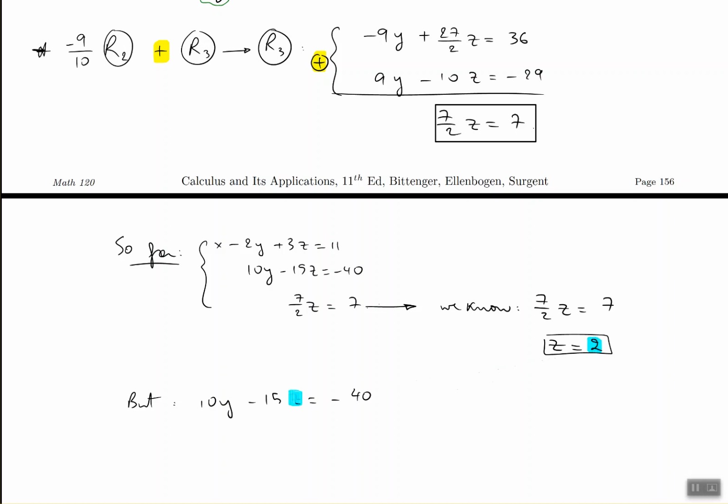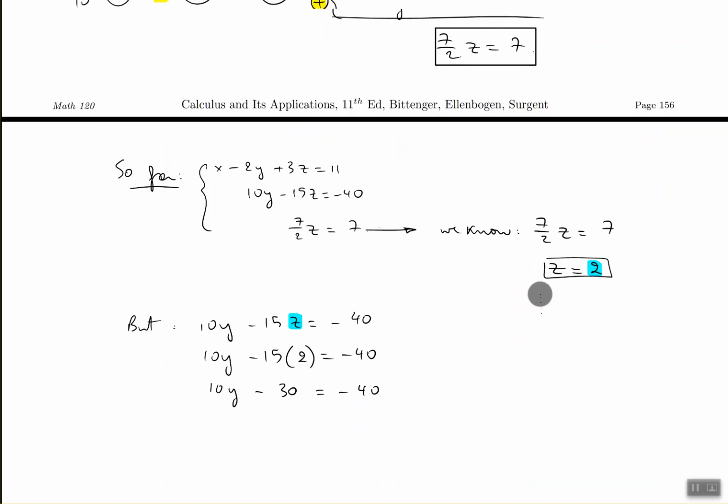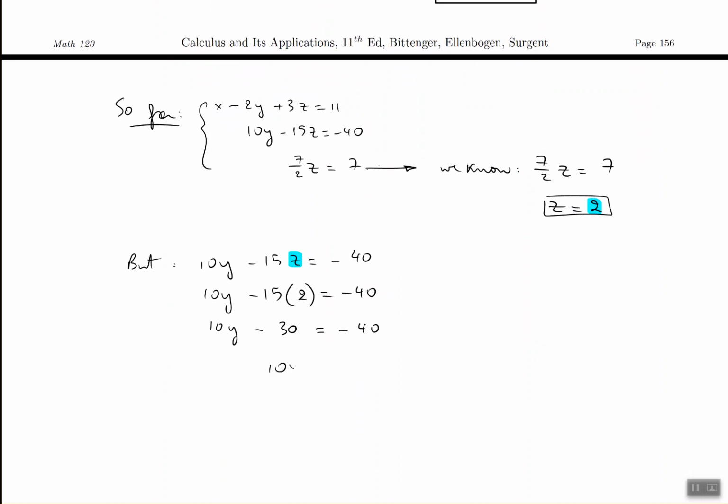So grab the number and plug it into the z, and you end up with 10y minus 15 times 2 has to be equal to negative 40, which means that 10y minus 30 has to equal negative 40, which means that 10y has to equal, add them up, you get negative 10, which means y is going to be negative 1. So now I know what y is.